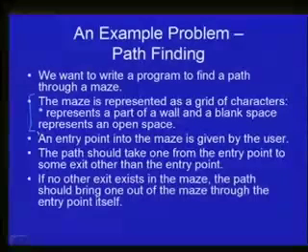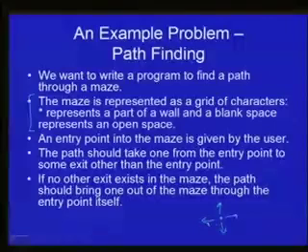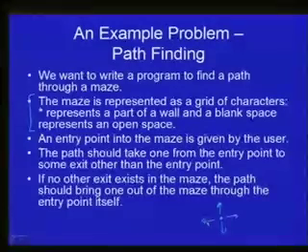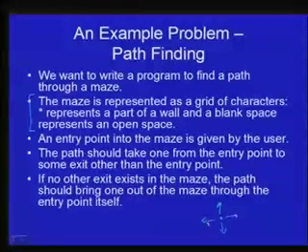The maze is rectangular in shape, and from any position in the maze, one can go in any of the four directions, provided that one does not run into a wall. The entry point into the maze is also given by the user, and the path should take one from the entry point to some exit other than the entry point. And of course, if no other exit exists in the maze, the path should bring one out of the maze through the entry point itself.